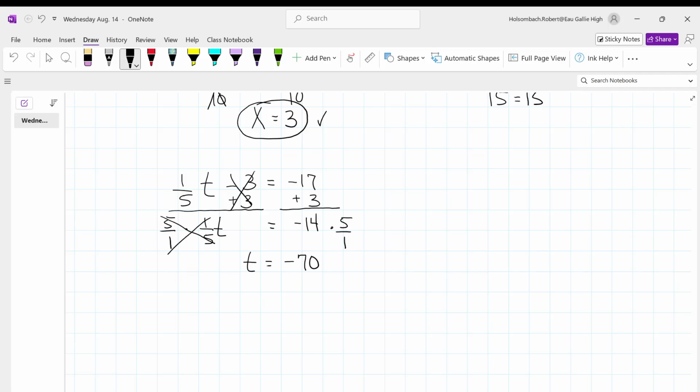So if we check this solution, we're going to take 1/5 times negative 70, subtract 3 from it, and we're going to see if it equals negative 17.